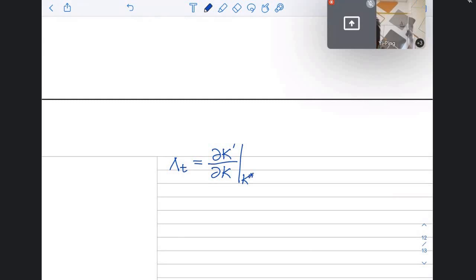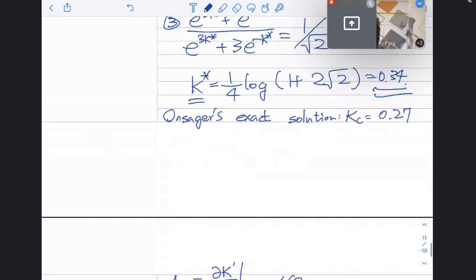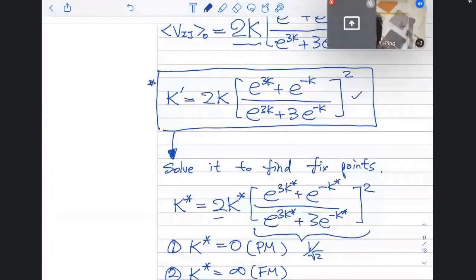You can calculate that, it will be 1.62, and this should be easy. You just plug that into Mathematica, ask it to do the derivative, and put Kc or K star equal to 0.34, then we get it.